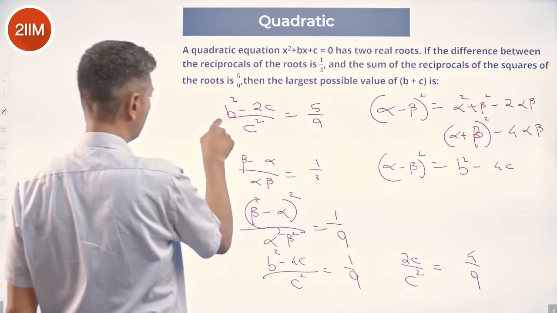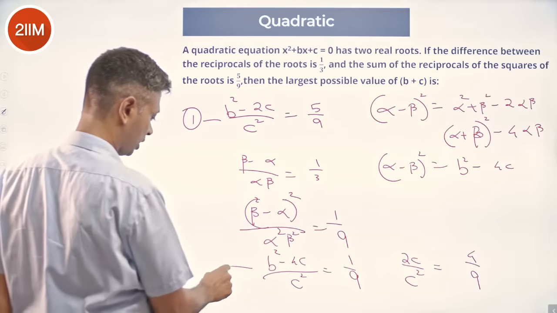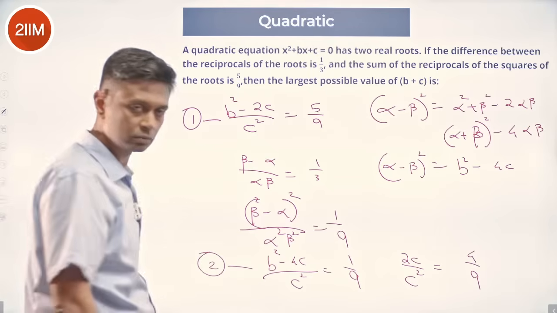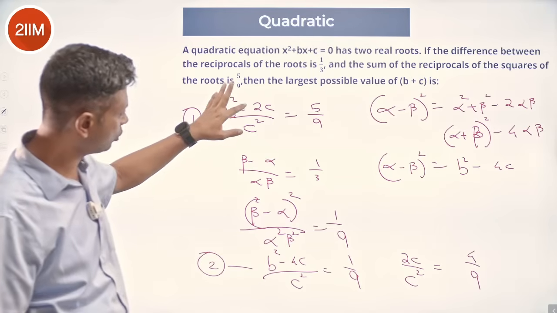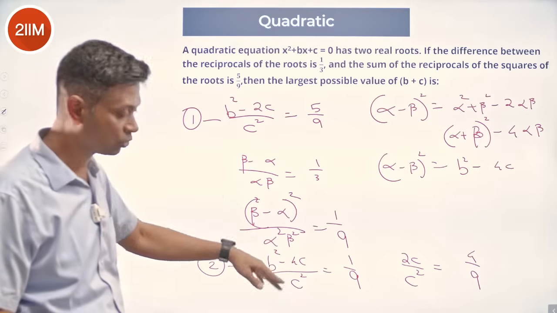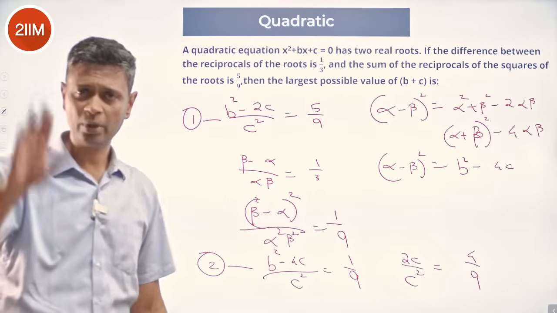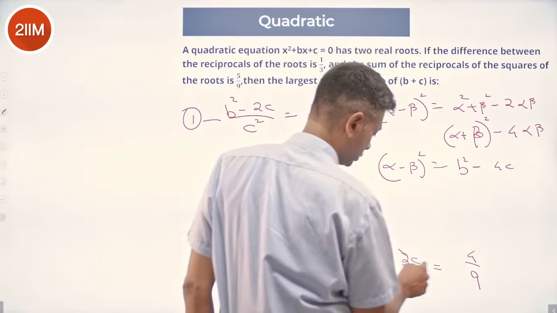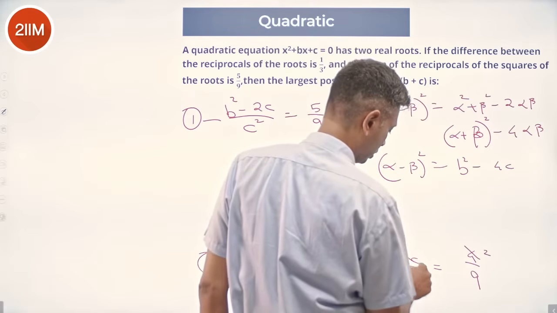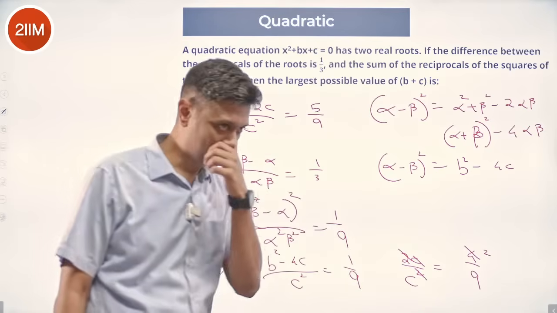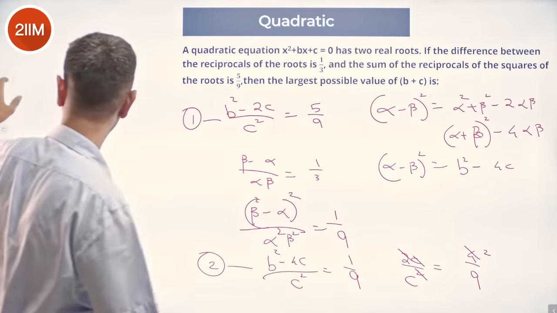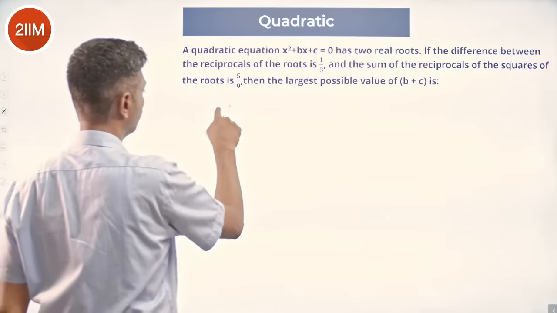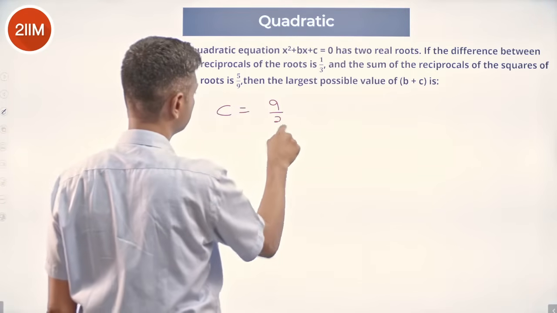B square disappears, 2c remains, 2c by c square is 4 by 9. 2 by c is 4 by 9, so 1 by c is 2 by 9, or c is 9 by 2. I've got c equals 9 by 2.